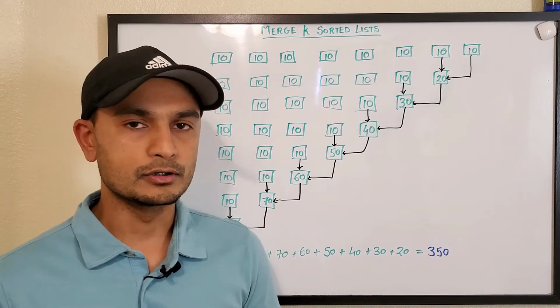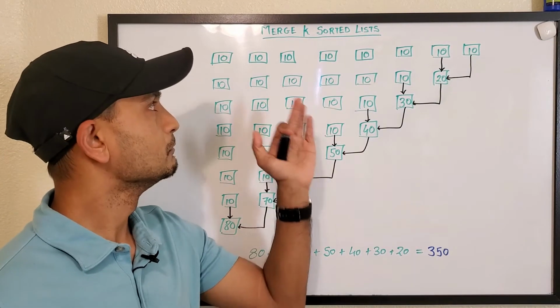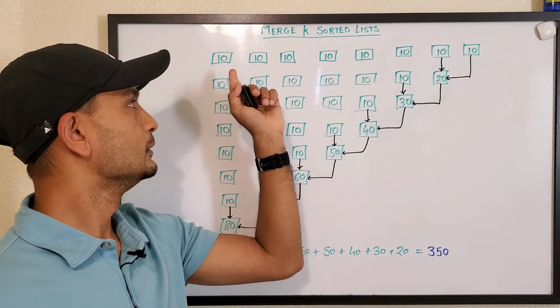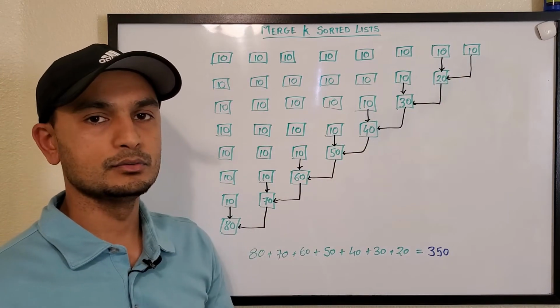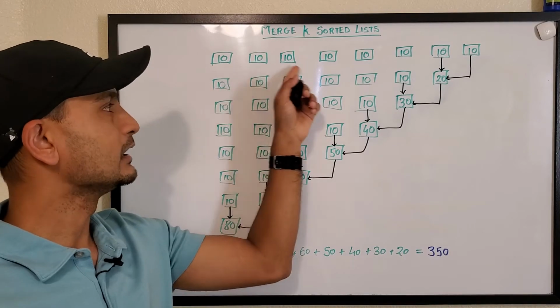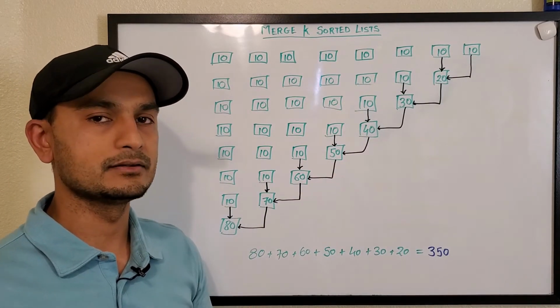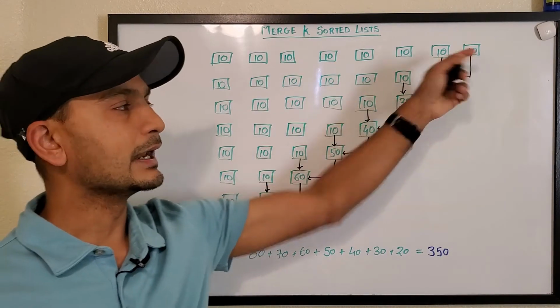So moving on, for this problem, merge k sorted lists and not merge two sorted lists, we'll be taking this sample data set. Let's assume that we have 8 linked lists and each list has 10 elements, so a total of 80 elements.